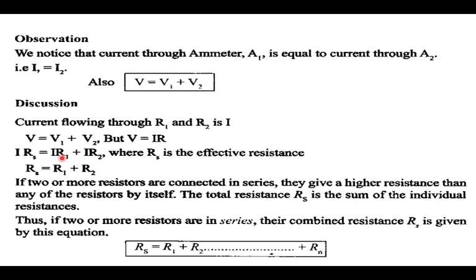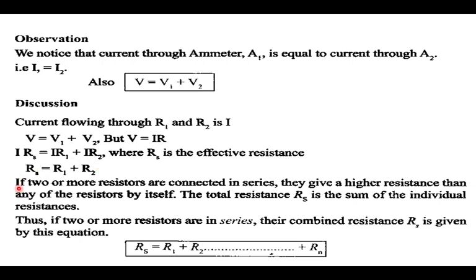If you look at the equation, you see I is common. You can cancel it safely, so what remains is the total resistance: RS is equal to R1 plus R2.